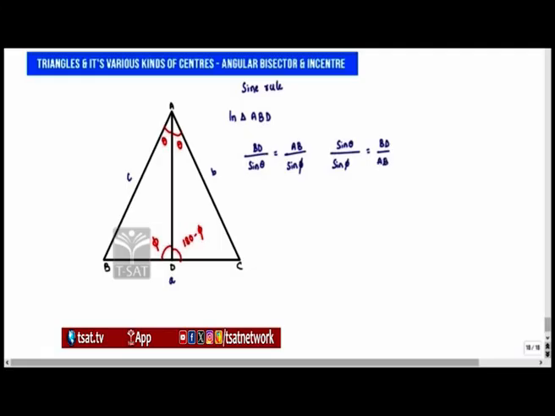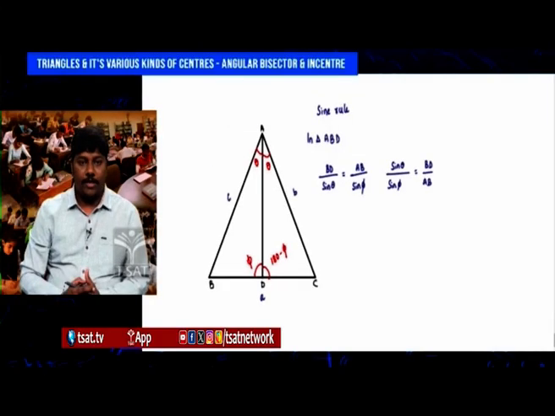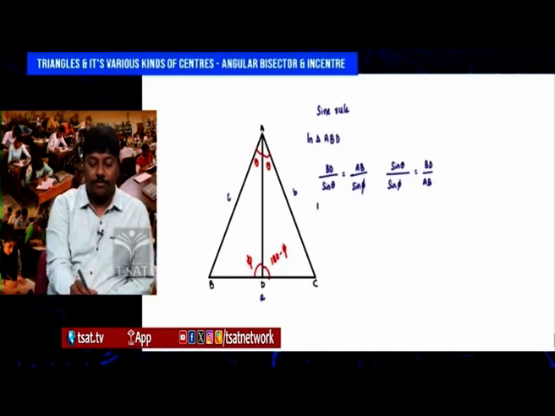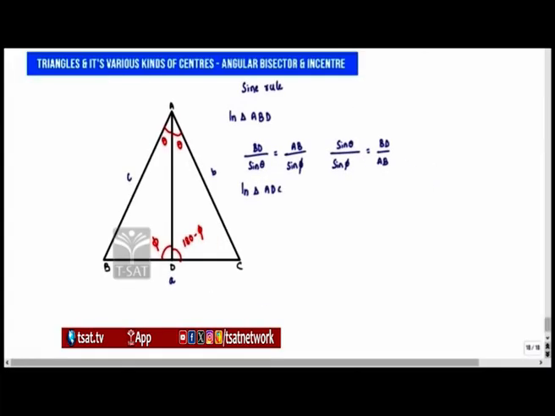Now look at the triangle ADC. In triangle ADC also, the side opposite to angle theta is CD. So, in triangle ADC, DC by sin theta is equal to the side opposite to 180 minus phi, which is AC, AC by sin 180 minus phi.